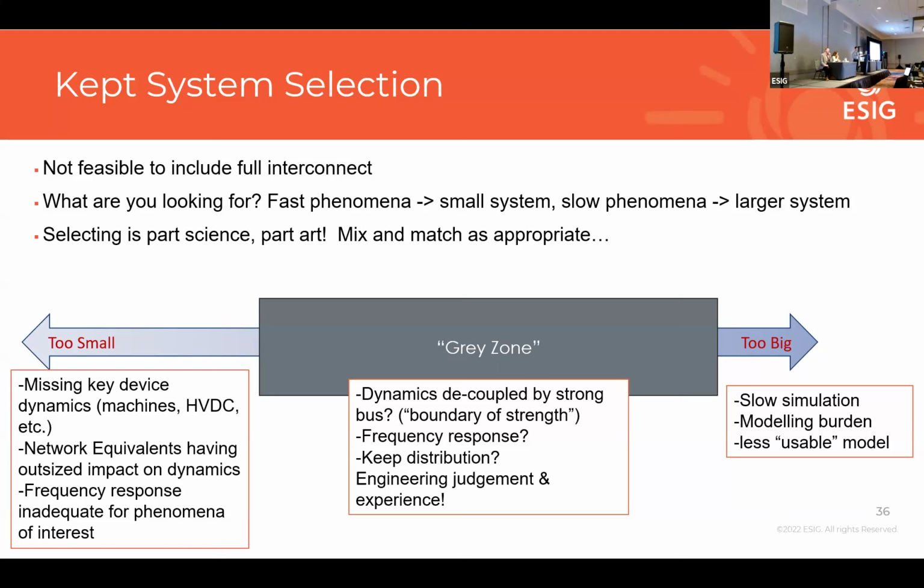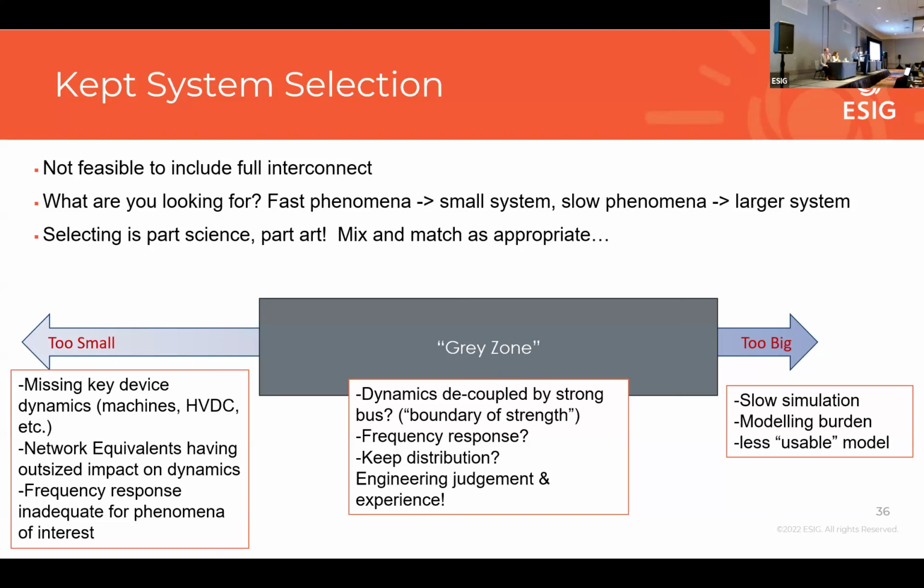So the process of determining the system that you want to model is, I would say, part science and part art. This is an area where there's a big gray zone. The program isn't going to tell you when you did it wrong or when you did it right. There's no green button that lines up to say, hey, you did it right. That's not how it works, unfortunately.